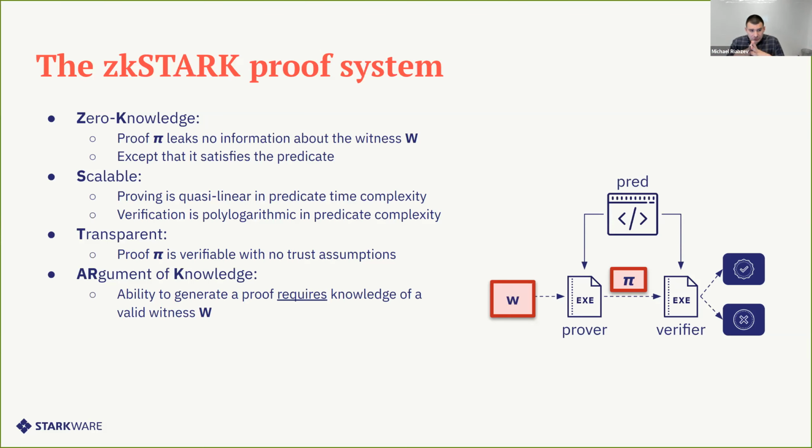Argument of knowledge. Argument of knowledge means that the fact that a prover generated a valid proof that satisfies the verifier means that the prover actually knows a valid witness satisfying the predicate. This is important to show that we have knowledge here, and it's not just a mathematical statement showing something is correct. For example, it could be the case that for any hash value, there is some pre-image.